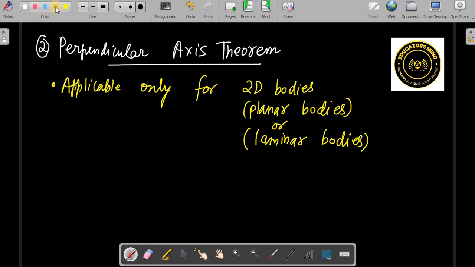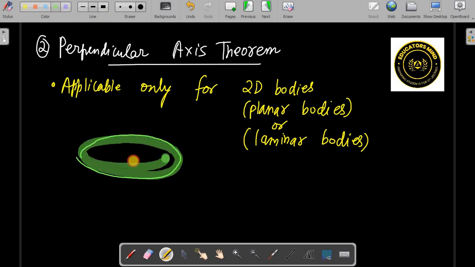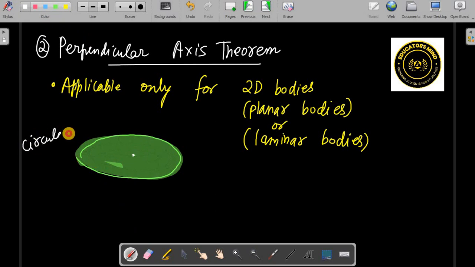So now let's understand what it is. Let us consider a disk. Consider that this is a disk. It's a two-dimensional body, right? This is a circular disk we are taking. Here you can take x-axis, this you can take y-axis, this you can take z-axis.